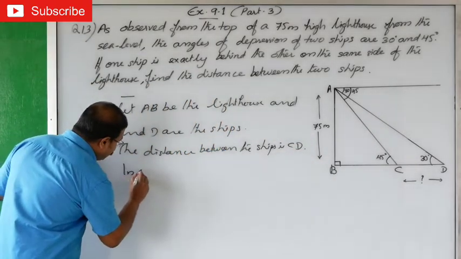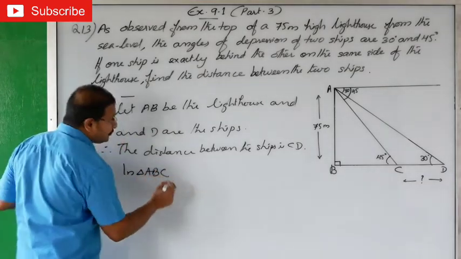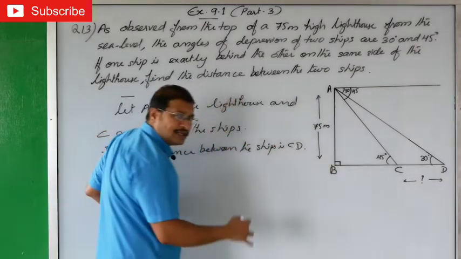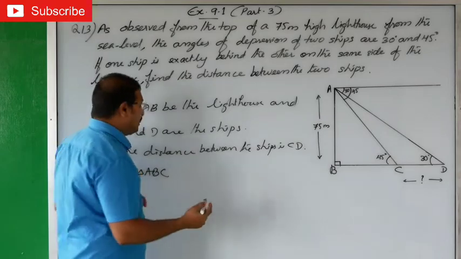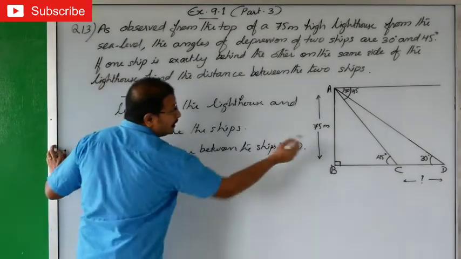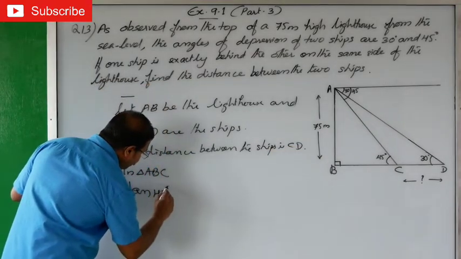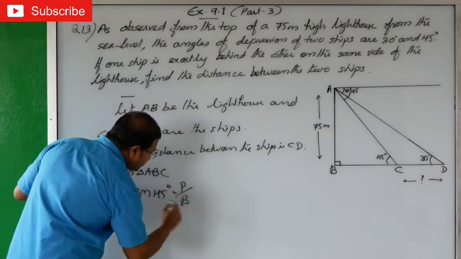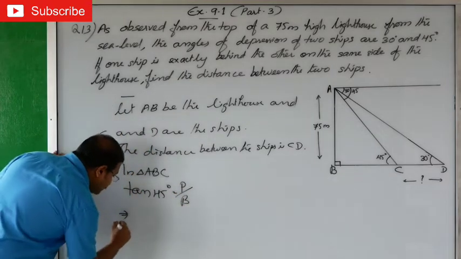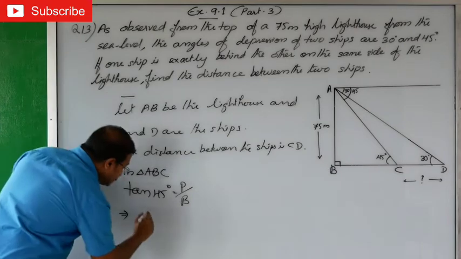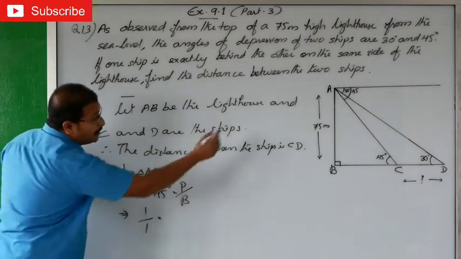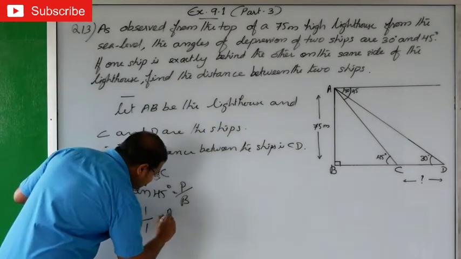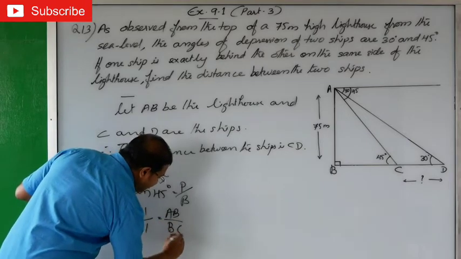First, in triangle ABC, we know that we are going to use only tan. So in triangle ABC, tan 45 degree equals perpendicular by base. Tan 45 means we know the value of tan 45 is 1. That means 1 by 1 equals perpendicular is AB by BC.